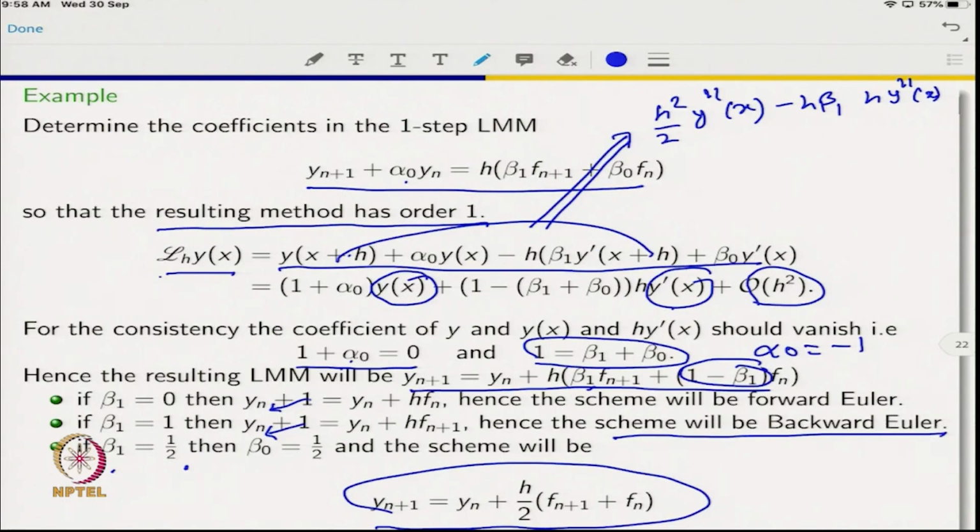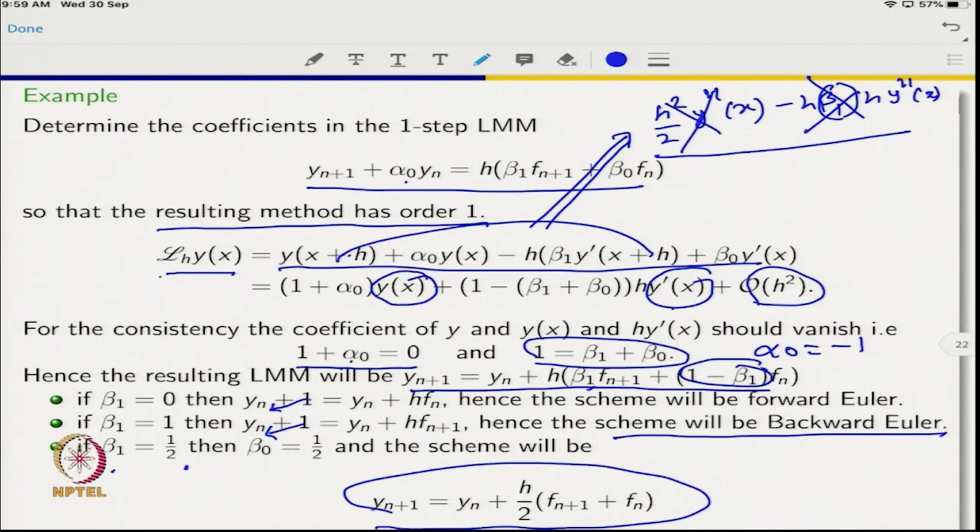So, if you substitute beta 1 is equal to half, both the terms will be cancelled. That is why the resulting method will be second order accurate, which we already know in the case of the trapezoidal method.